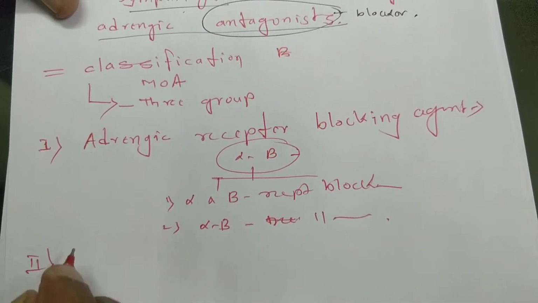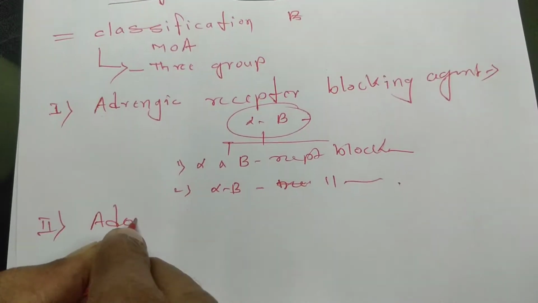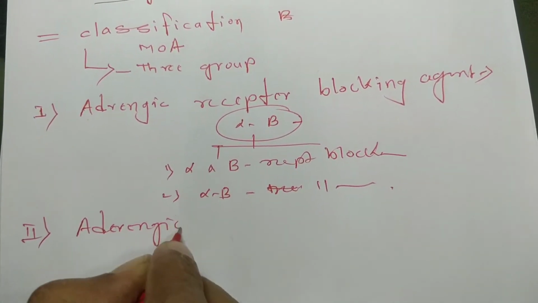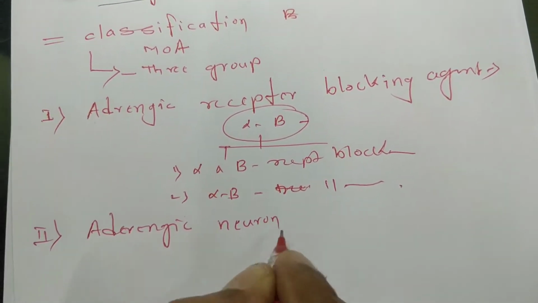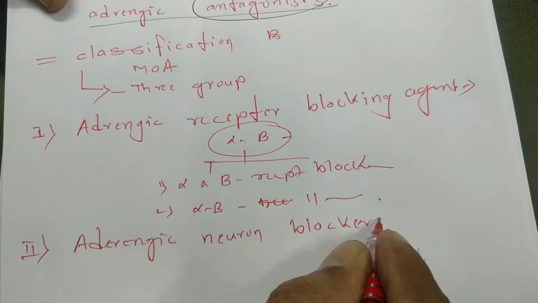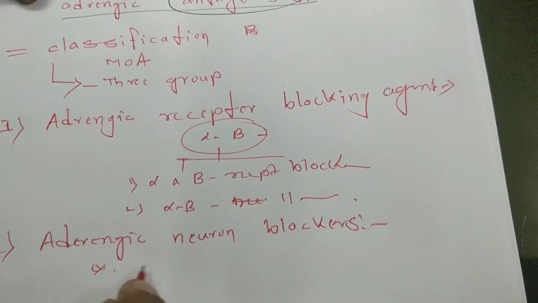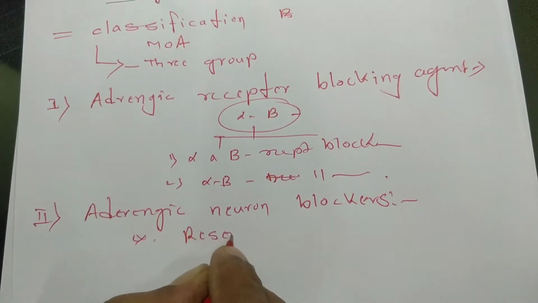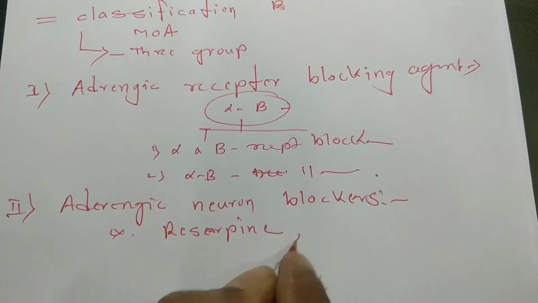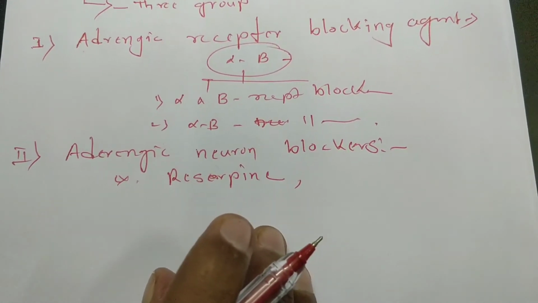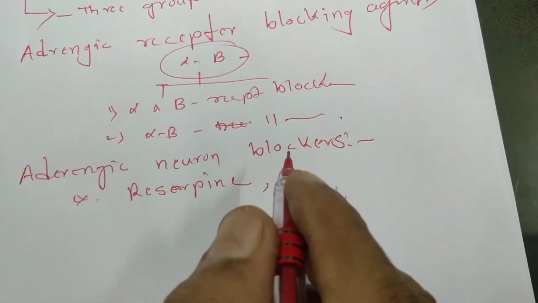Second, adrenergic neuron blockers. Common examples are reserpine and guanethidine.